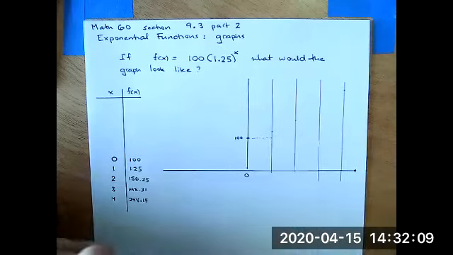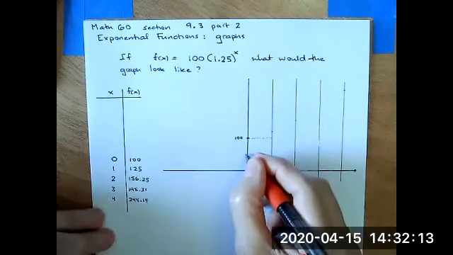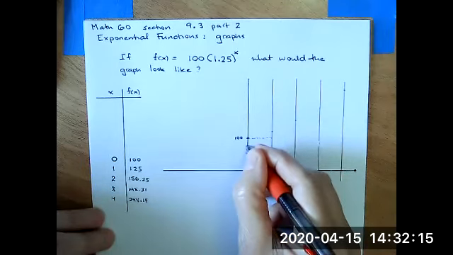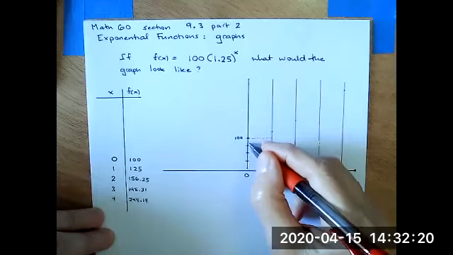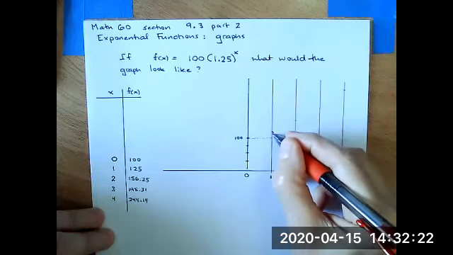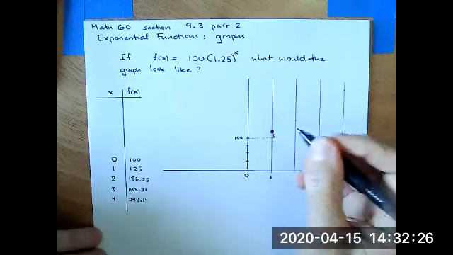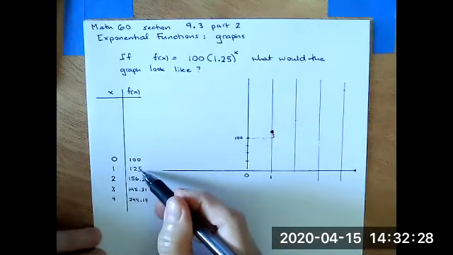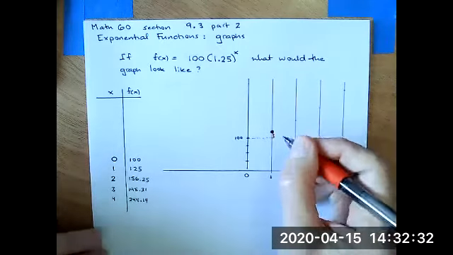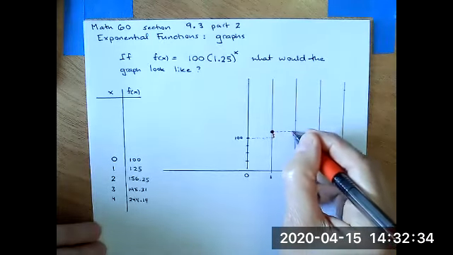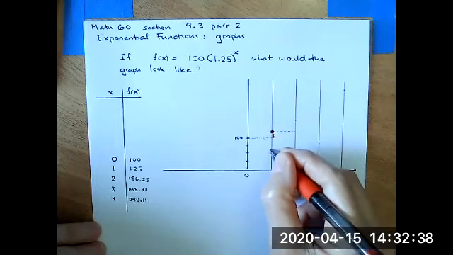After 1 year, well, we add 1/4 of 100, so you can visualize adding 1/4. And now the value is 125. The next year, you have 125, but you add 1/4 of that.